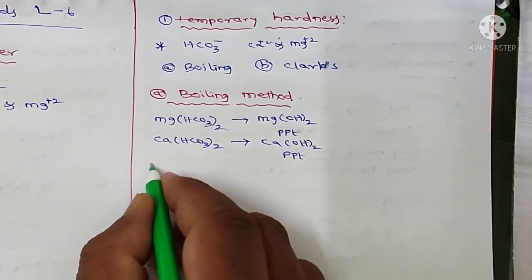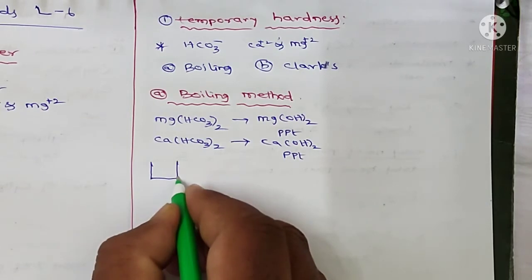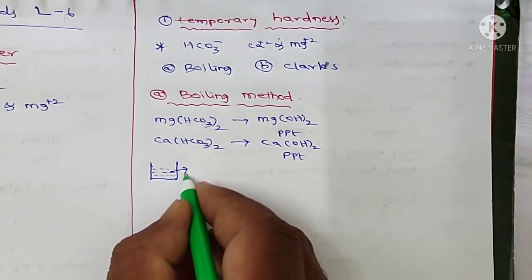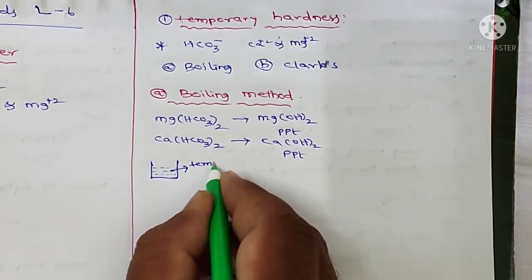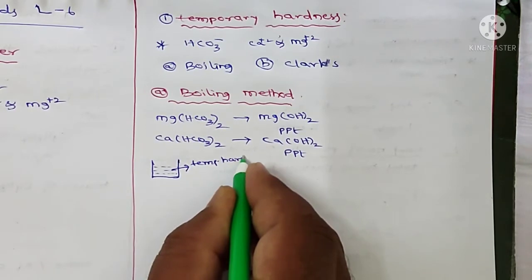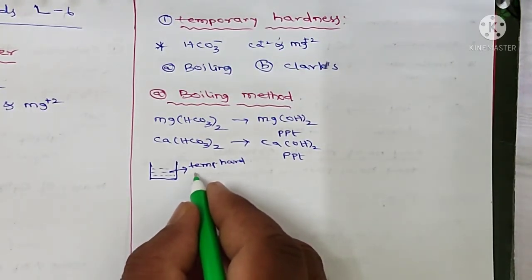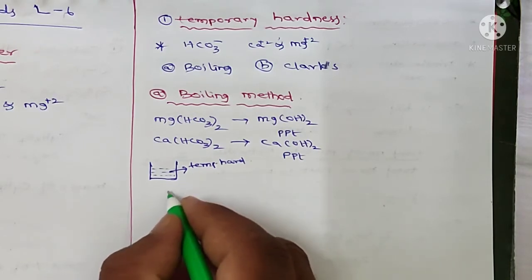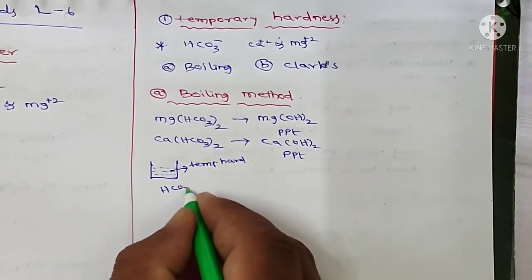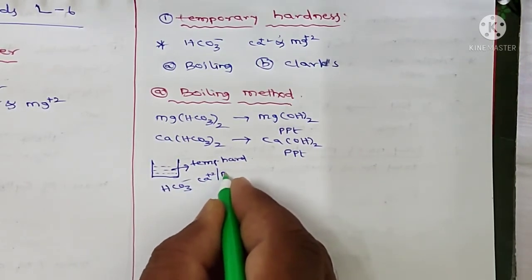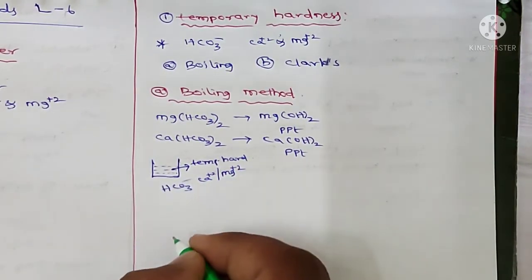I am taking that water, which is a hard water. So this water is a temporary hard water. The temporary hardness is due to the presence of bicarbonates of calcium and magnesium salts.